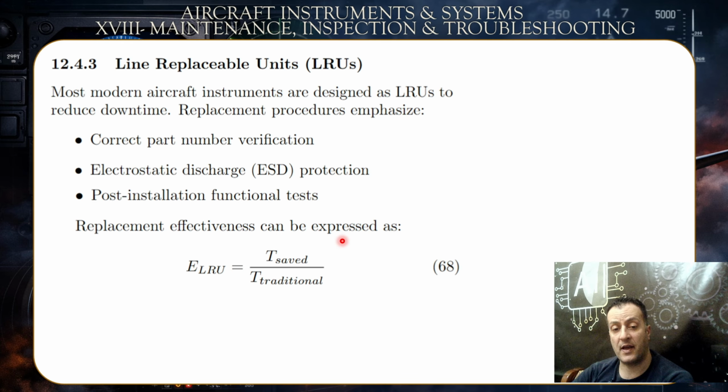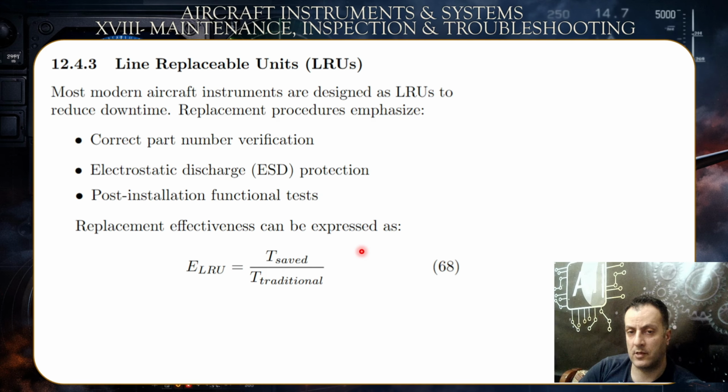Replacement effectiveness can be expressed as E_LRU is given by T saved divided by T traditional. T traditional is the classical maintenance time.